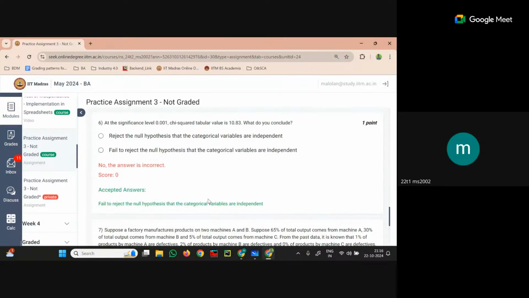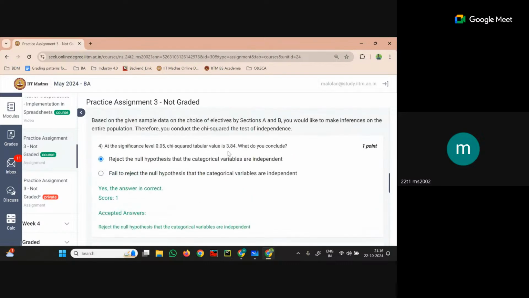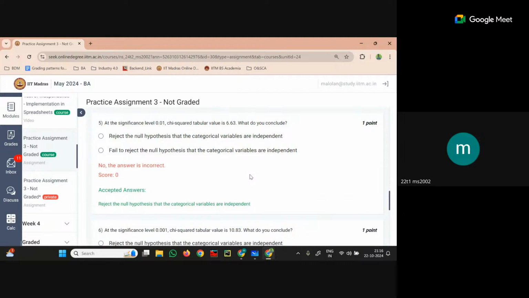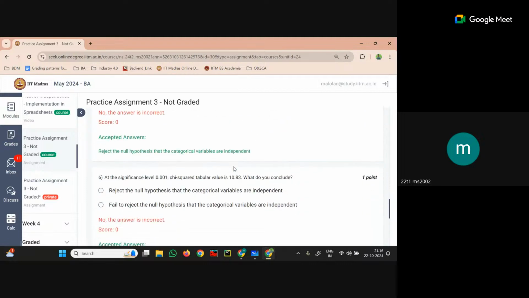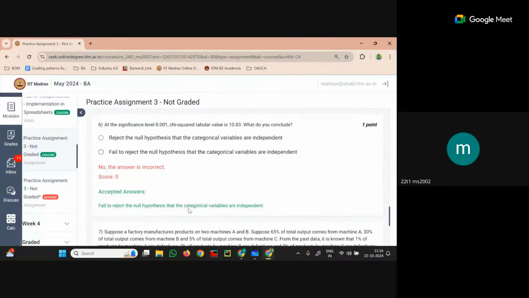In this case, you fail to reject, because the calculated value is around 7.8. As long as the tabulated value is less than 7.8, you will reject H0. And once it is greater than 7.8, which is 10.8 at 0.01, you will fail to reject H0. That is the concept being checked by these three questions.